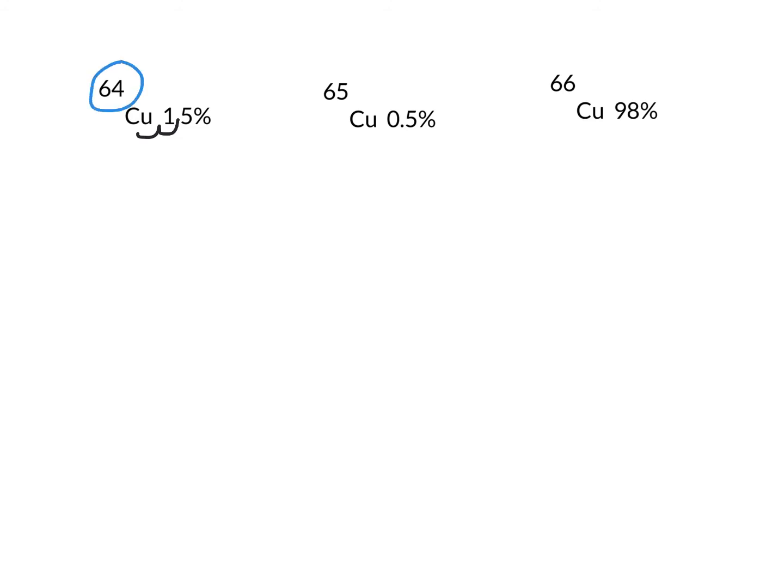So what's my first step? You said no, that you didn't have any questions. So what's my first step? Yep, 64 times the 0.015. Very good. And that's going to give you 0.96. Very good. Okay.